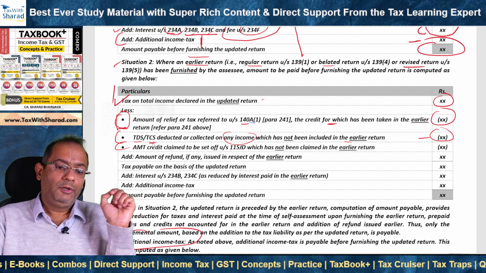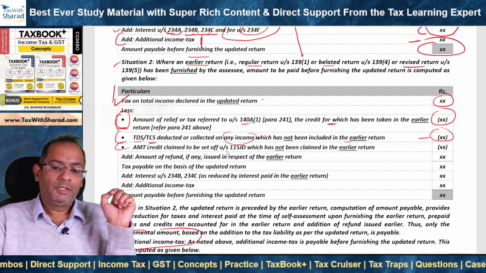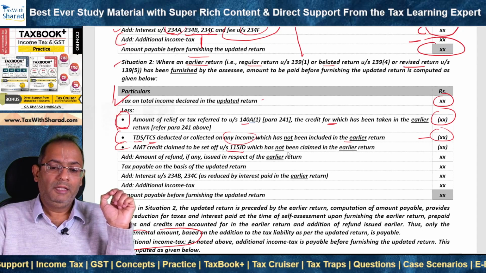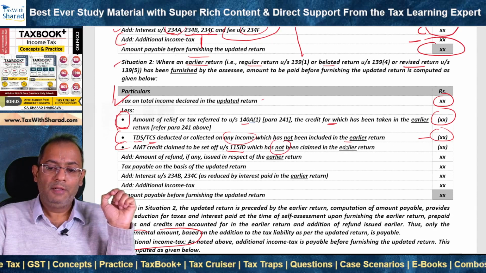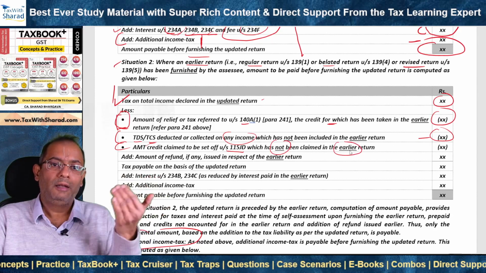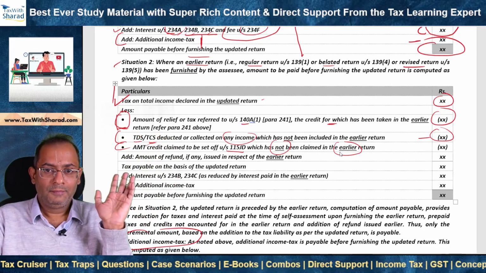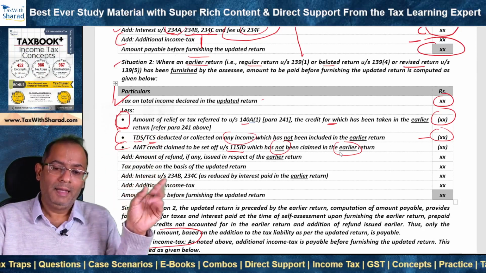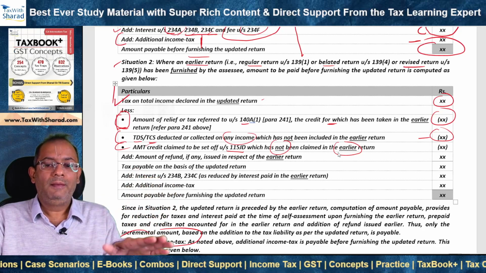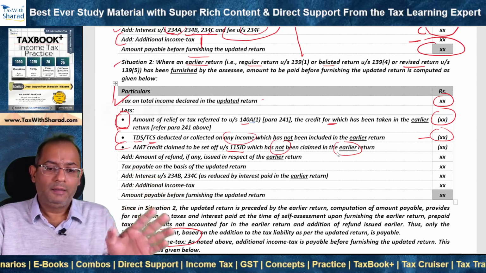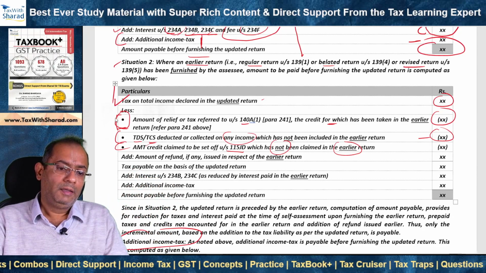Then we also need to reduce AMT credit under section 115JD, which was not claimed in the earlier return. So this is also an incremental amount. So in effect, what was not claimed earlier at the time of filing the return will now be claimed at the time of furnishing the updated return, right?